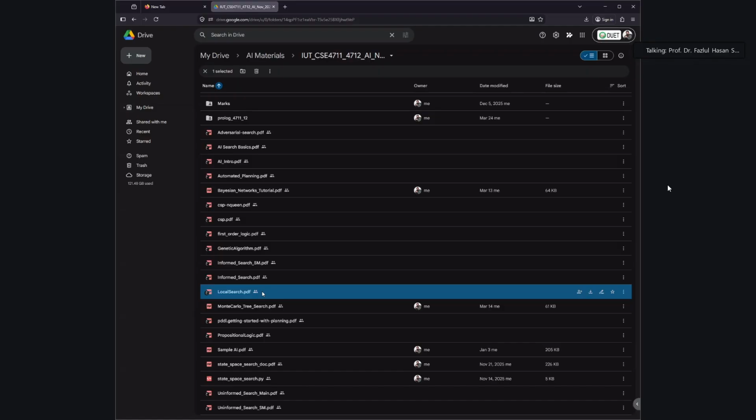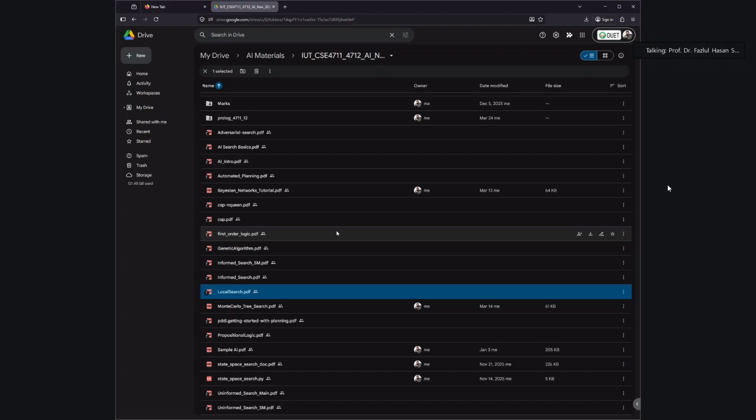Anyway, regarding the local search, I already mentioned there must be some example problem, like: this is the problem, solve it using this algorithm. This is an algorithm course. Remember, AI is an algorithm course. You have to solve it. I cannot just say, write down the algorithm, write down the algorithm.